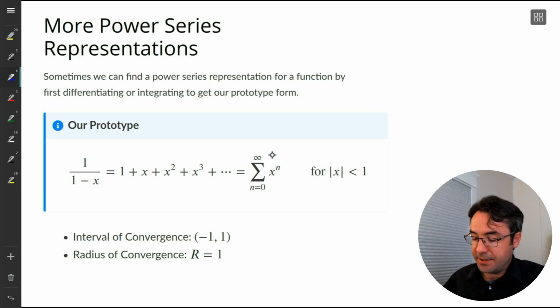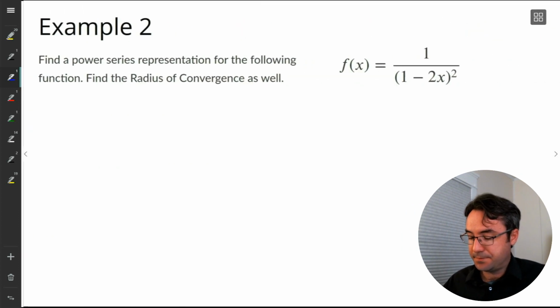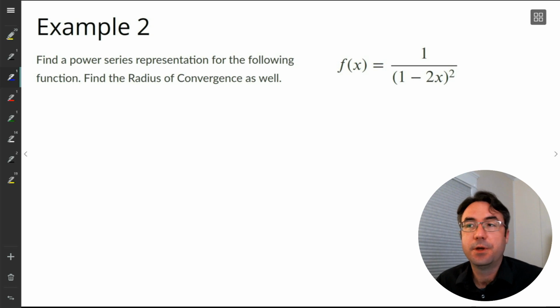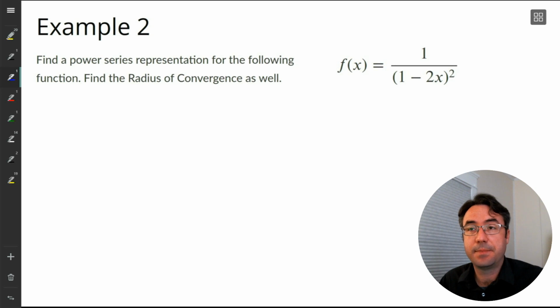All right, so the idea is we can try to relate a given function back to something that looks like this prototype. So let's see an example. Let's look at example 2. We're given a function, f of x equal to 1 over 1 minus 2x squared. And what we're going to do is find a power series representation for this function by relating it back to that prototype.